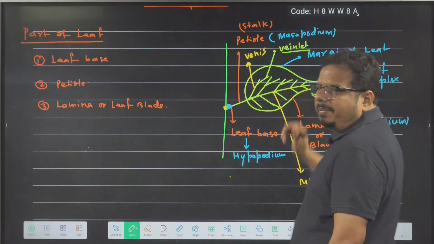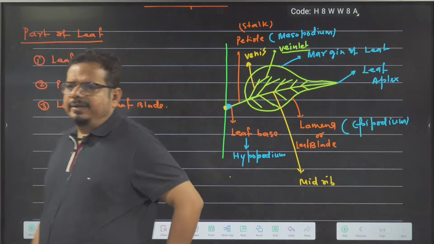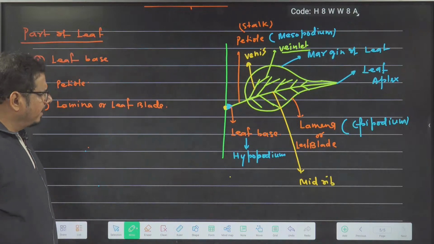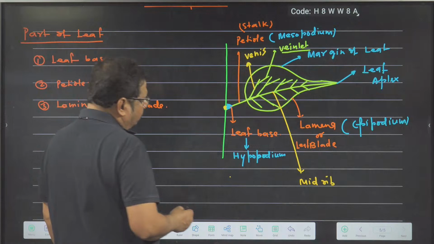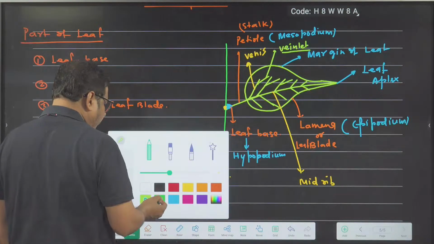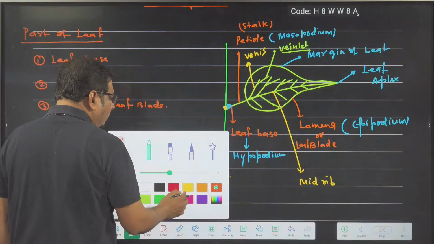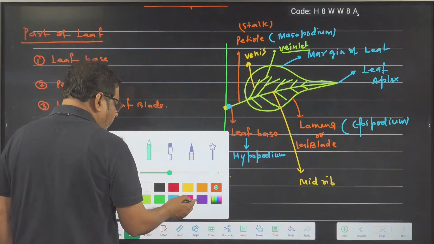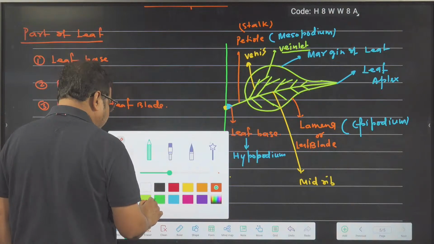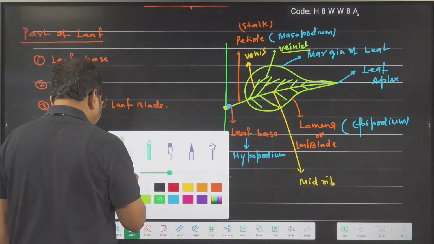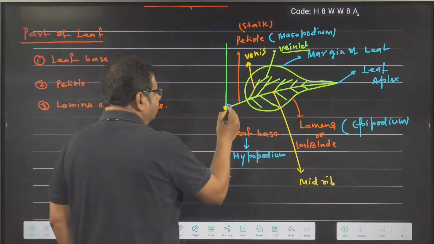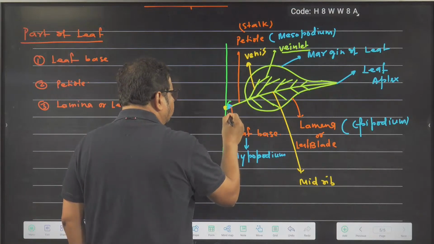So this is a typical structure of a leaf. Now we are going to talk about what you will find in some plants, not in all plants. In some plants, a small leaf-like structure may arise.